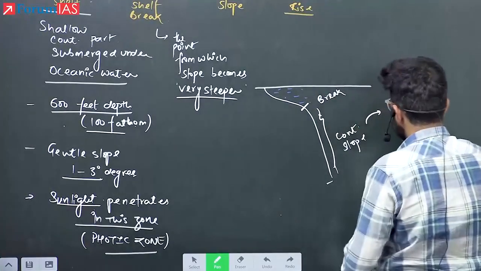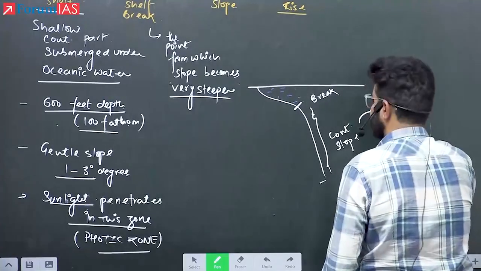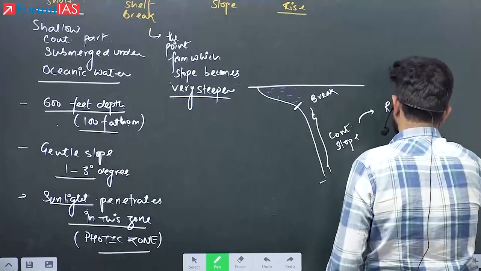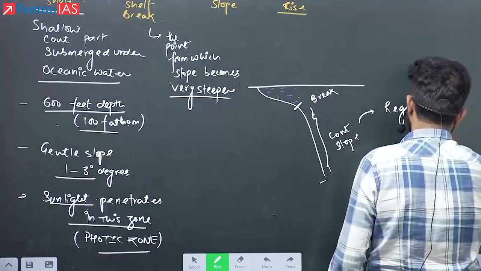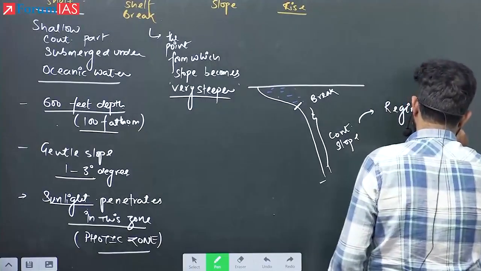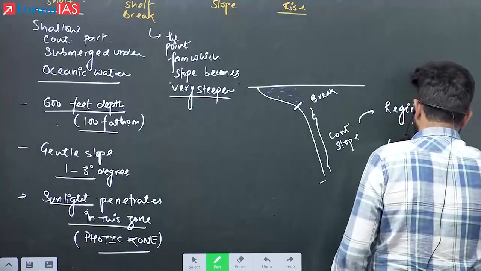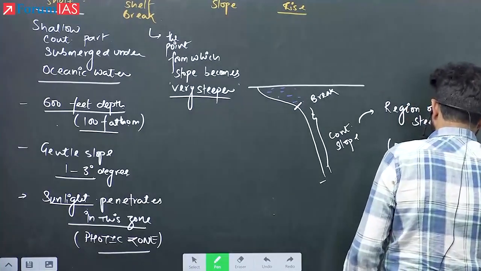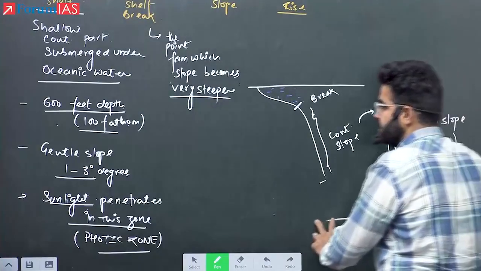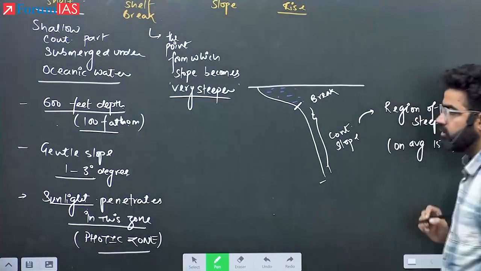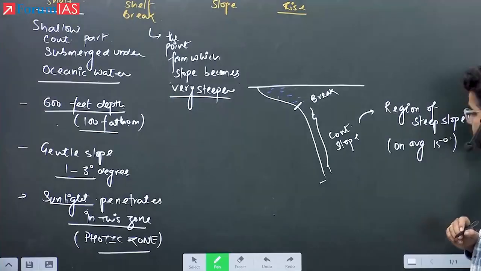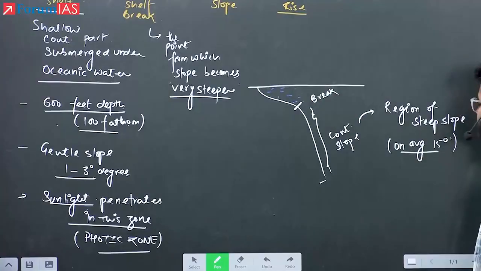Number one, this is the area or the region of a steep slope. On an average, 15 degree. Okay, but it can go as high as 30 to 45 degree also somewhere. So don't worry, I'm writing some brief about this one as of now.